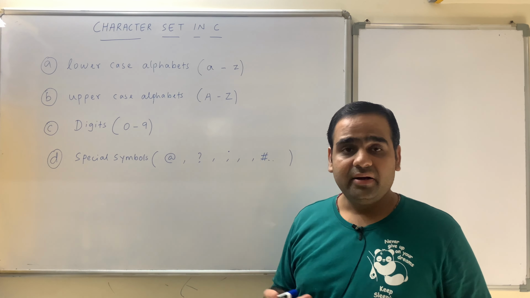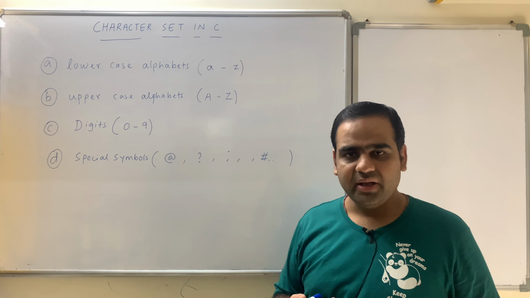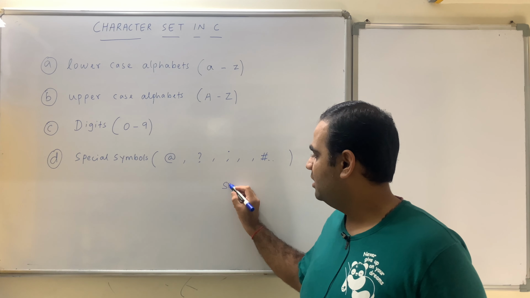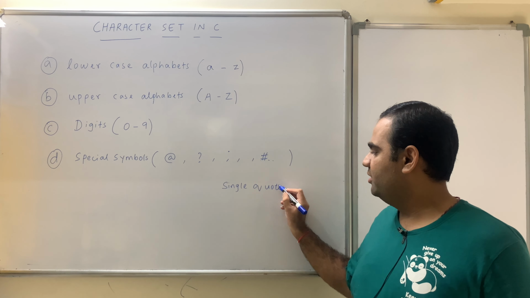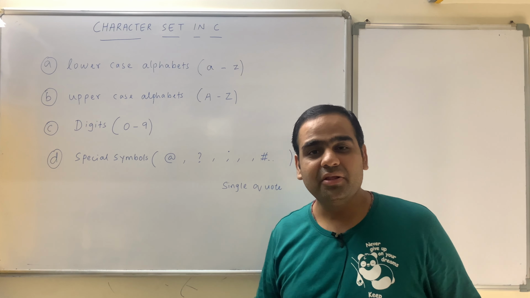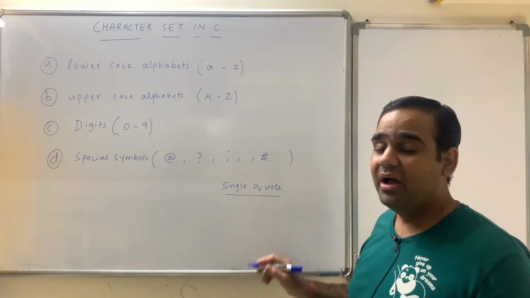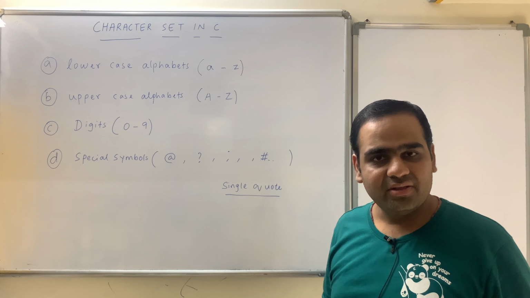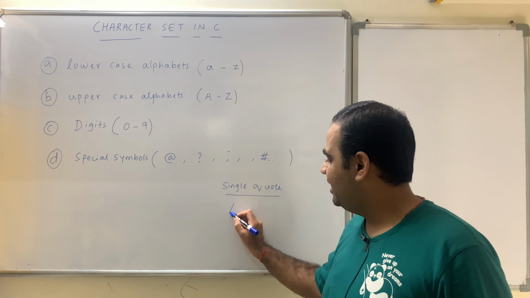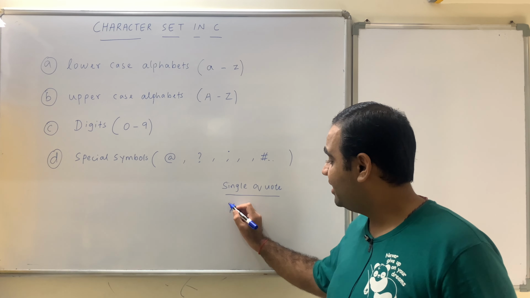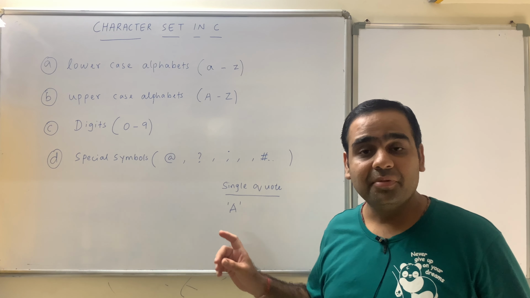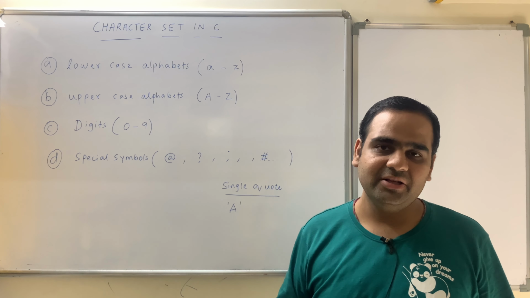Now these characters are normally written in single quotes. What forms a character in C? Anything that is written in single quotes and is of single length. Suppose I write A. This is not a character, but if I write A in single quotes, it becomes a character in the C programming language.